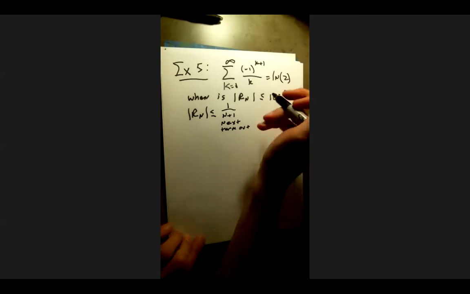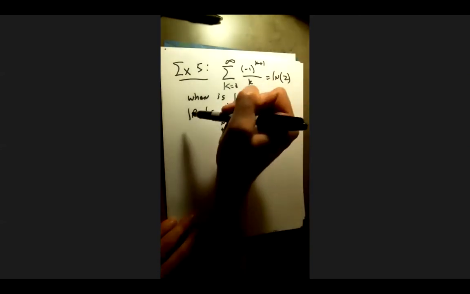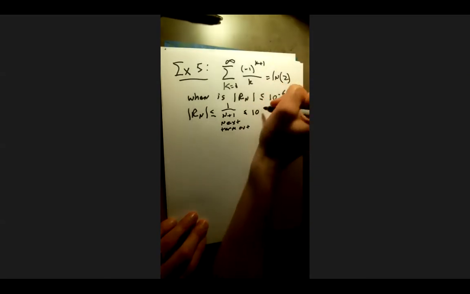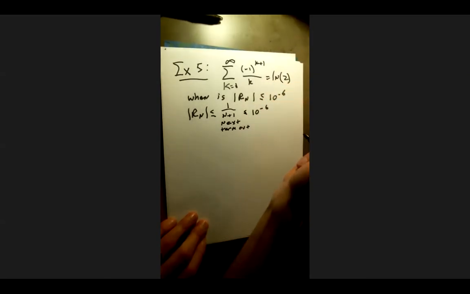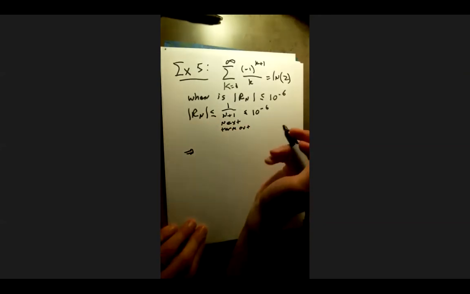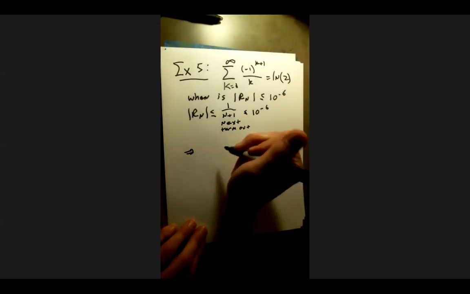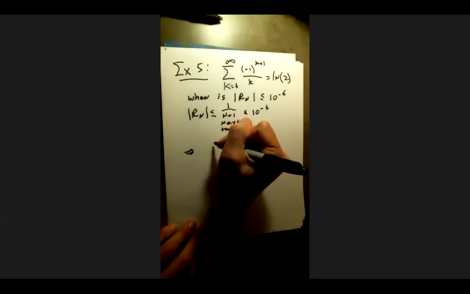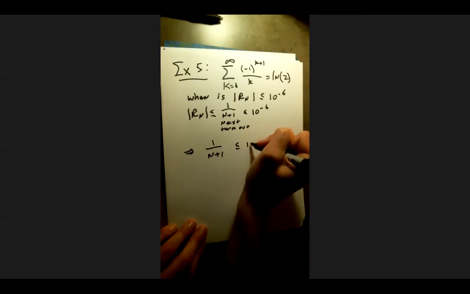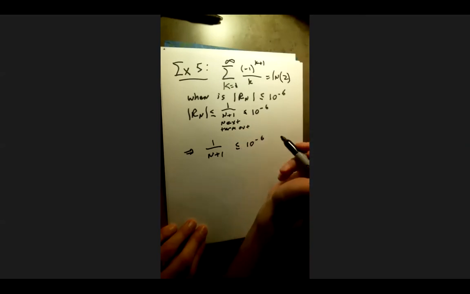Very good. And what we want is for this remainder to be less than or equal to 10 to the negative sixth. So now we just need to solve. We get 1 over n plus 1 less than or equal to 10 to the negative sixth.